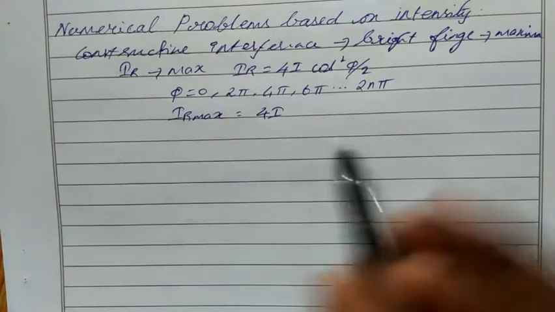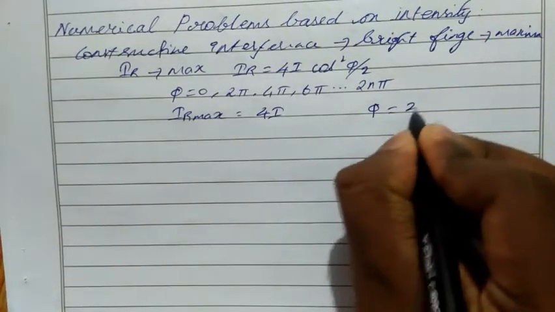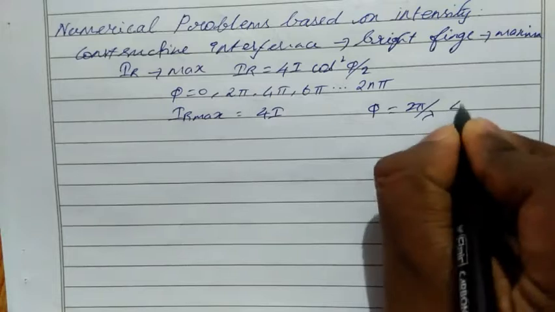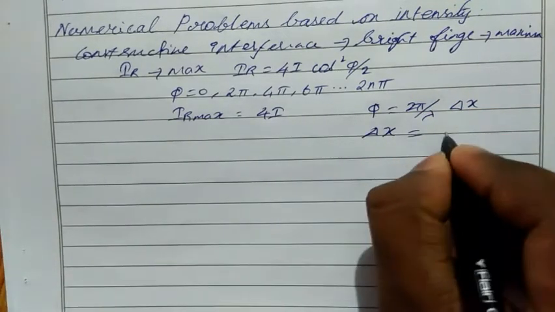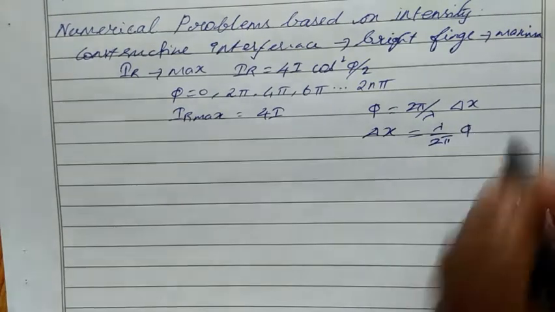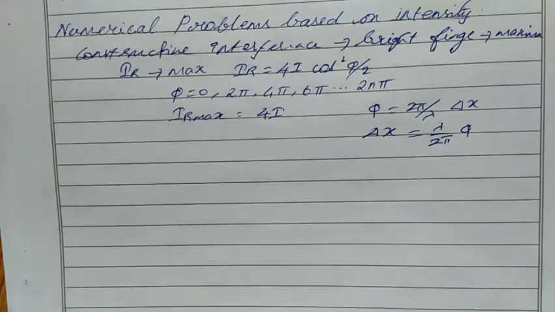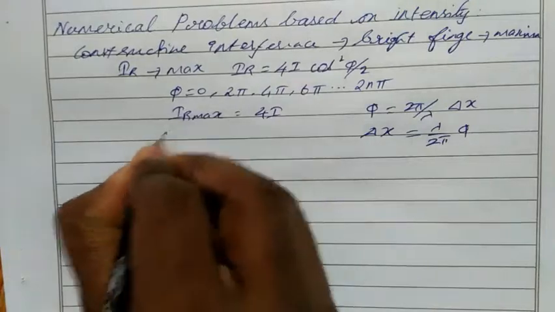Okay, then what is path difference? We know the formula phi equal to 2 pi by lambda into del x. From this equation we take del x equal to lambda by 2 pi into phi. So if we substitute phi equal to 0, then del x will be 0.